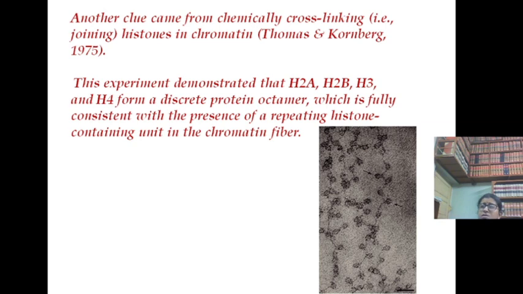Do you know what an octamer is? An octamer is a structure with 8 subunits, which is fully consistent with the presence of a repeating histone-containing unit in the chromatin fiber. Here you have an electron micrograph picture of the beads on a string. Okay.